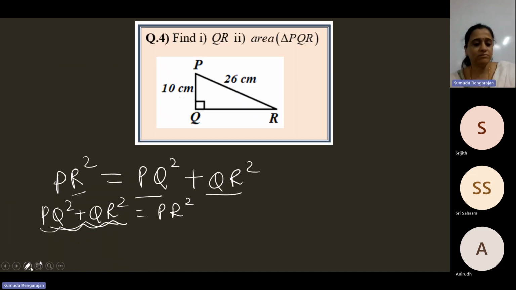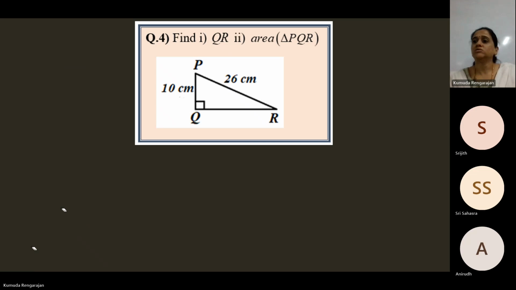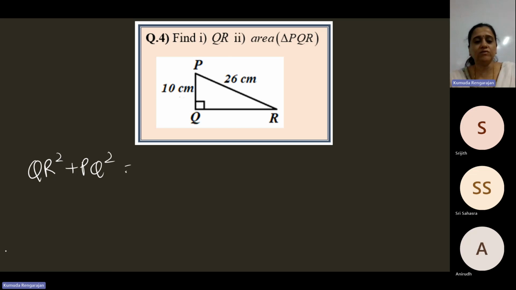Now see here. Which is the side you need to find here? QR, right? So you write QR squared plus PQ squared is equal to PR squared. The hypotenuse square is equal to the sum of the squares of the other two sides.